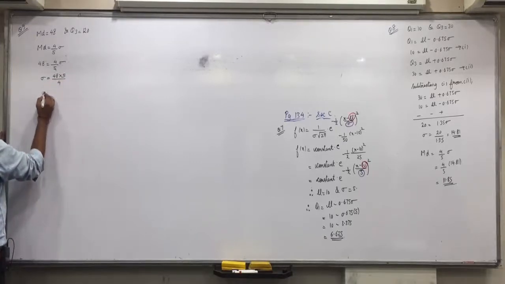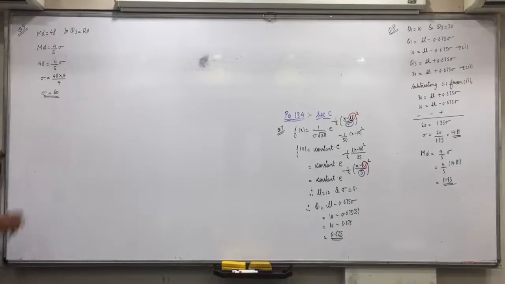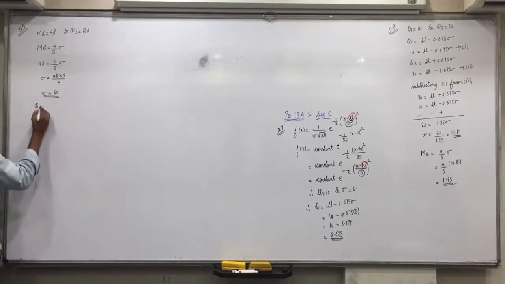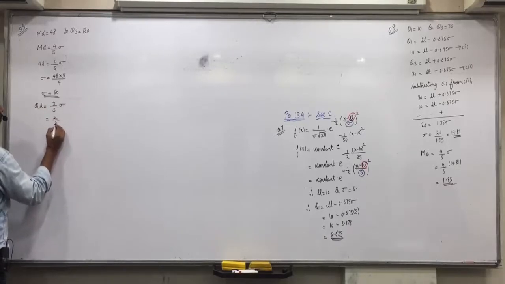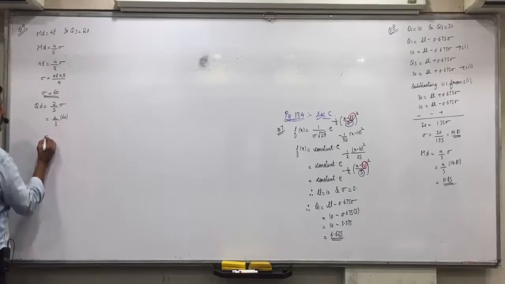Sigma will be 48 into 5 by 4. The 5 on the other side gets multiplied, the 4 on the other side gets divided. So 48 into 5 by 4, which is 60. Now from this sigma, can we find quartile deviation? Yes. QD is equal to 2 by 3 sigma. 2 by 3 into 60, that is 40.